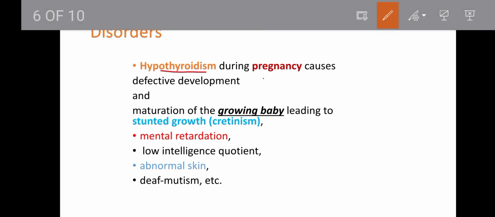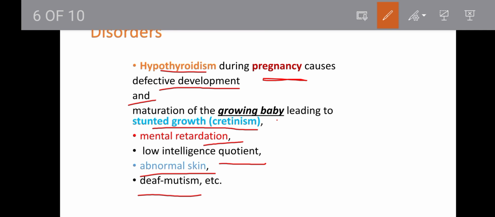Hypothyroidism in pregnancy causes defective development and maturation of the growing baby, leading to stunted growth of the baby called cretinism. And this can also cause mental retardation, low intelligence quotient, that is low IQ, abnormal skin, and deaf mutism in the baby.